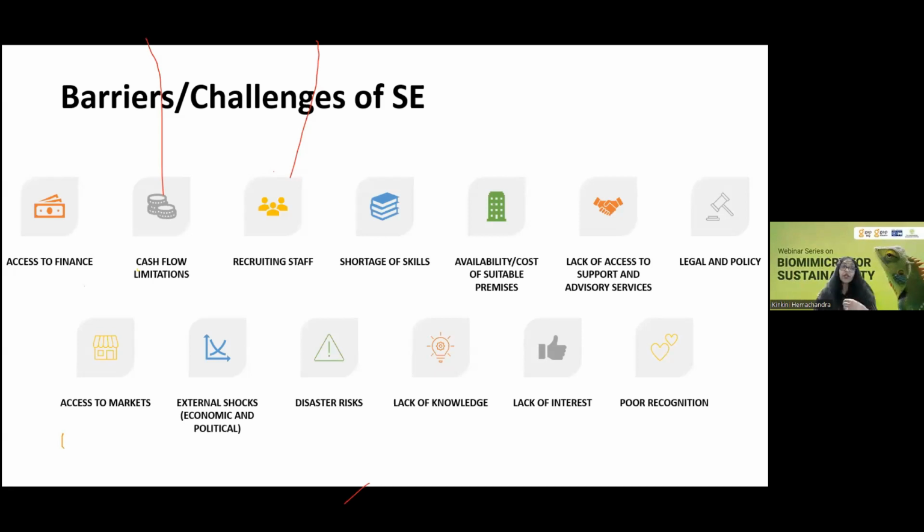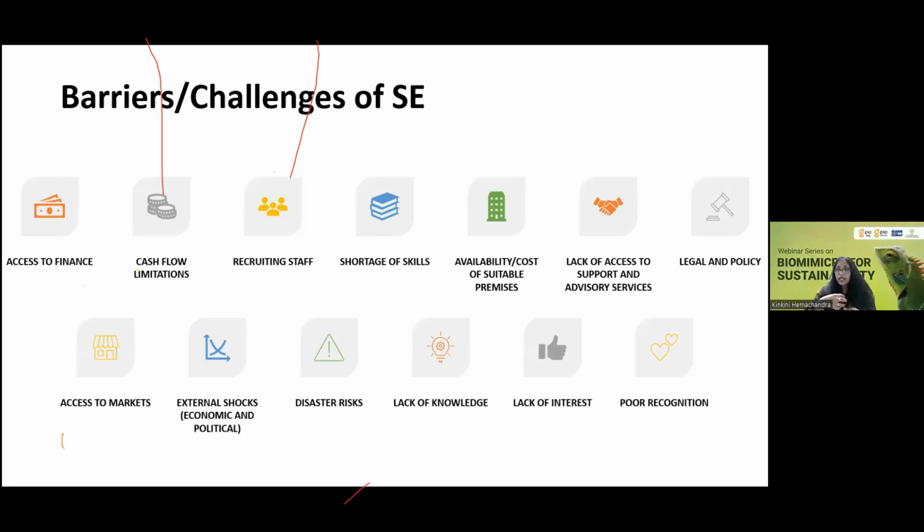Recruiting staff, we can see how bee colonies are working together, trying to sort out their performances as well as their activities, and bring it back to recruiting staff. And also shortage of skill, how do we learn lessons? And also when we look at the external shock, and also access to market, how do they cater?